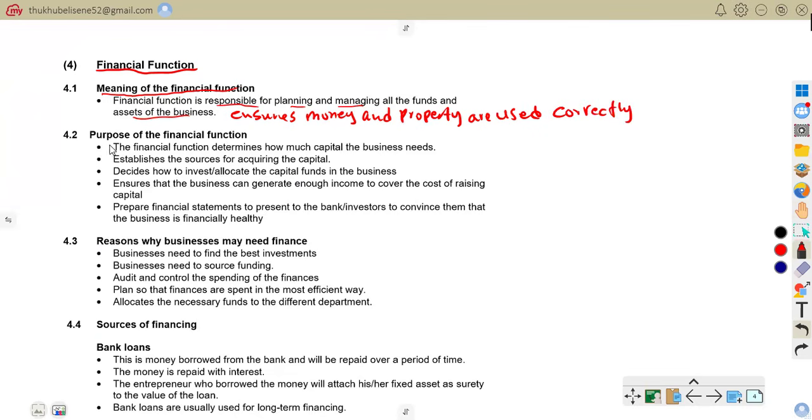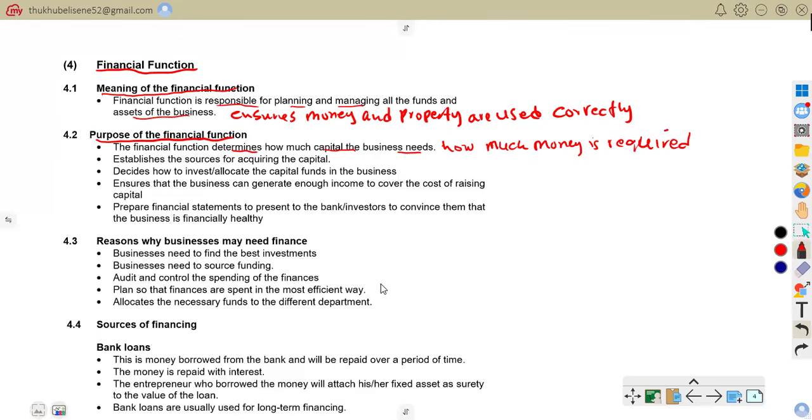Purpose of the financial function. The financial function determines how much capital the business needs, how much money is required.